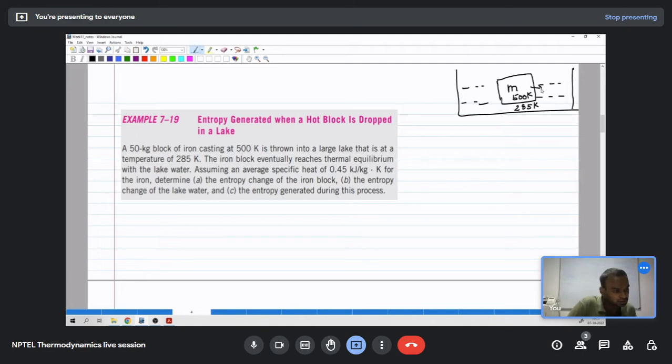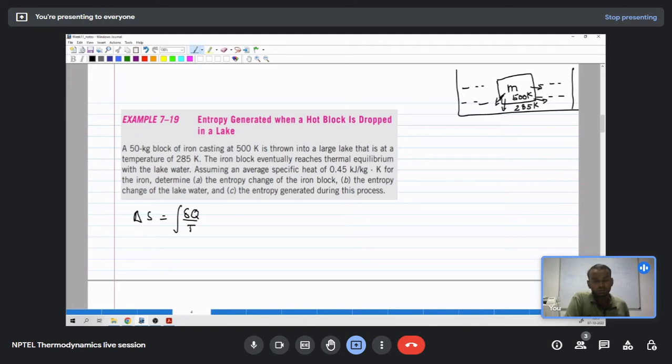So heat is getting transferred out of the system. Now to find the entropy change, we have the expression delta S is equal to integral del Q by T.